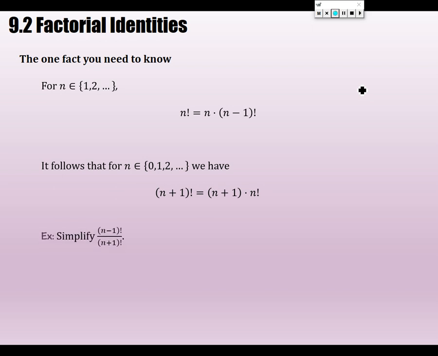So let's take a chance. We're not proving anything yet, but let's take an opportunity to simplify this expression. And by simplify, I mean, can you write this without any factorials? Maybe using these properties, expand this out, cancel some things out, and then write it without.